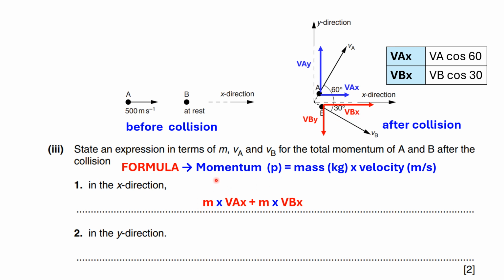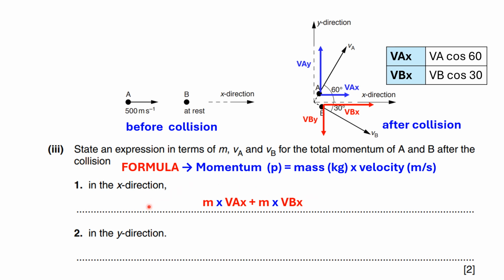Now, to write in terms of the momentum formula, which is mass times velocity, it will be the mass of particle A times VAX plus, because both are in the same direction, to the right, the mass of particle B times the velocity of B in the x direction.